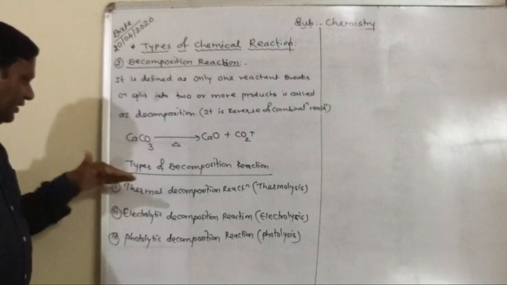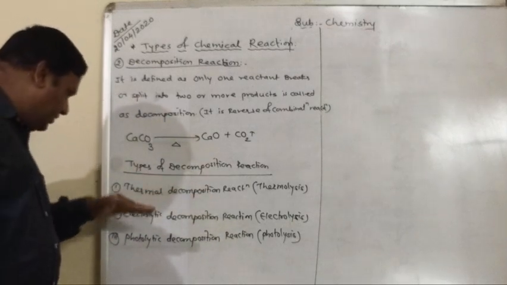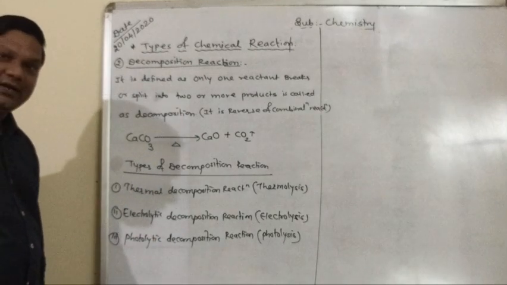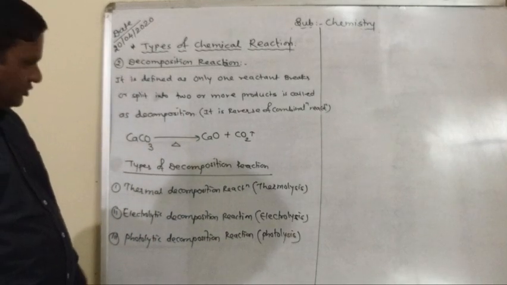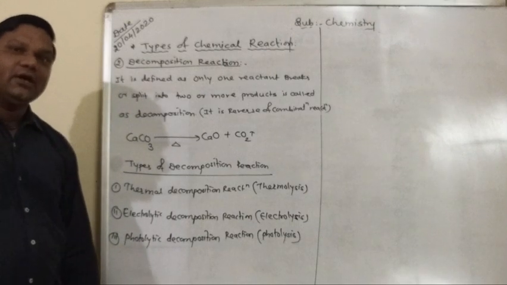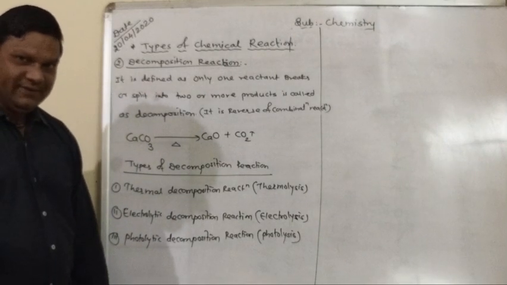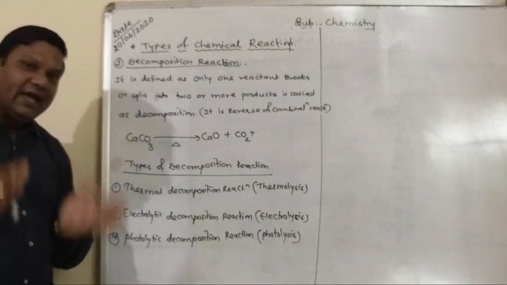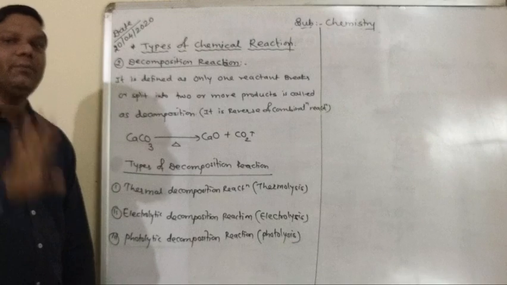Which are they? Thermal decomposition reactions, electrolytic decomposition reactions and photolytic decomposition reactions. So these are the three types. नाम से पता चलेगा कि what do you mean by thermal? Thermal यानी heat. So those decomposition reactions are carried out in presence of heat.